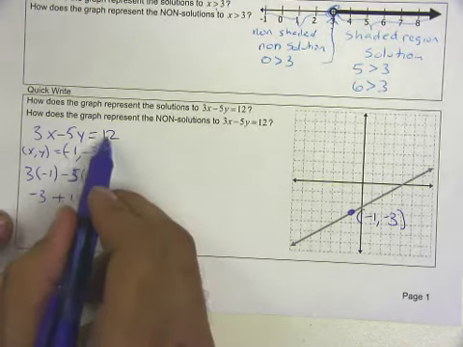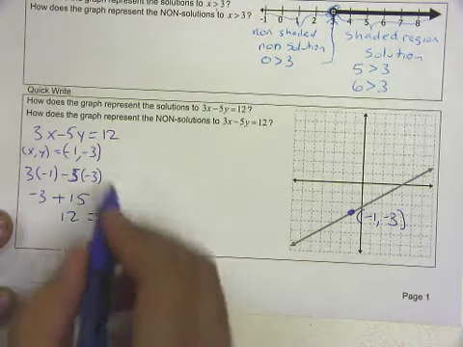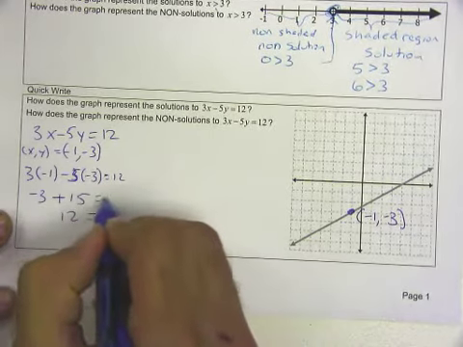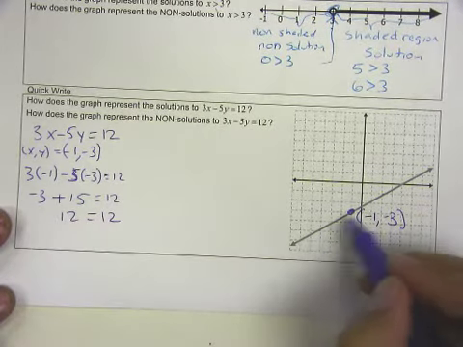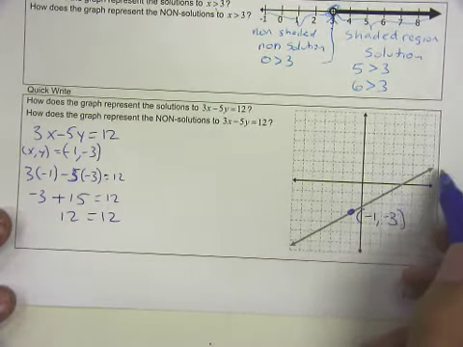That converts this open statement into a true statement, right? 12 equals 12. All of the values, including all the weird little decimal values that we can't name, will do that same thing.